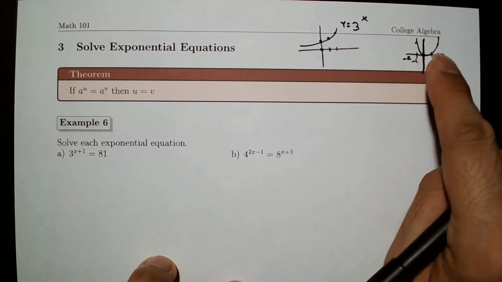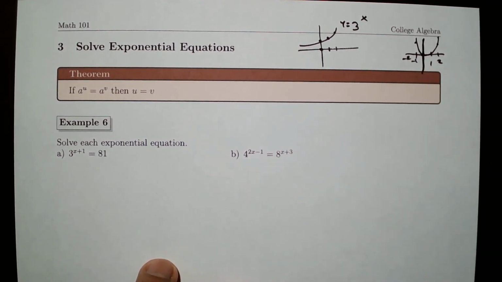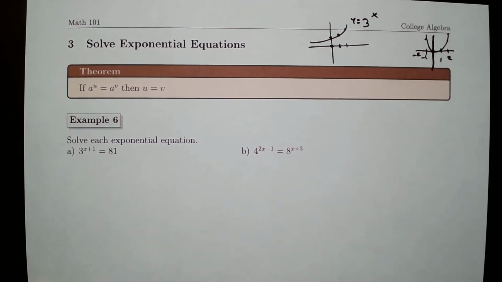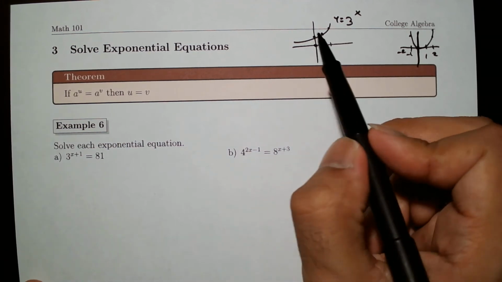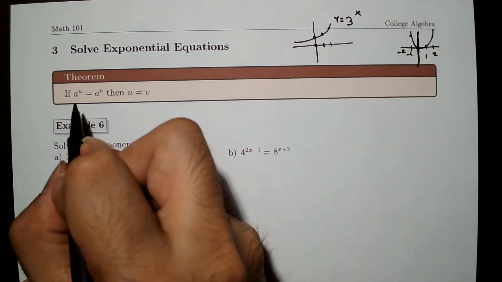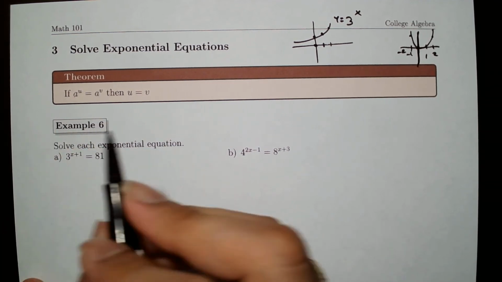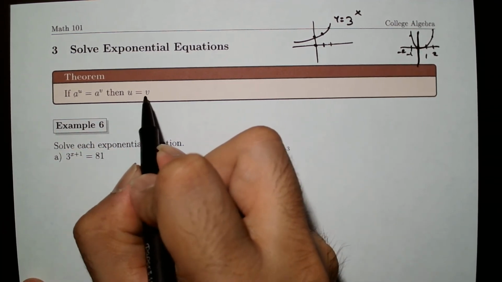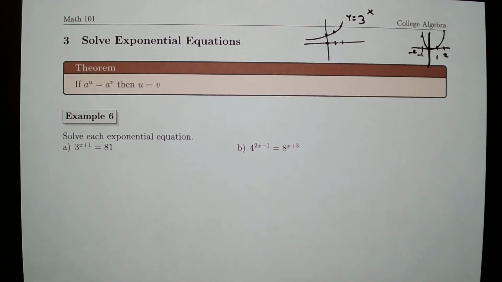So the y values get repeated for different x values. So in this case, we use the one-to-one-ness of an exponential function to solve equations. If we have the same base but different exponents, then the exponents must be equal. So we use that property to solve equations.